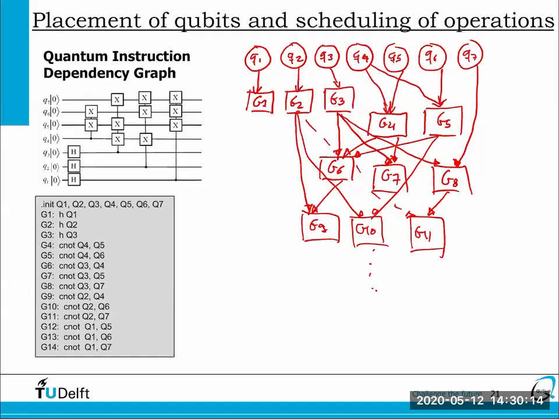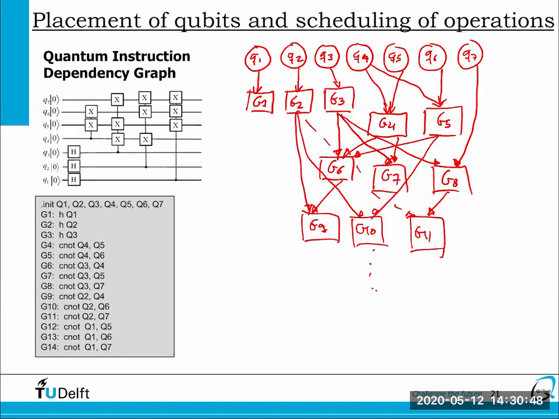For G9, did you also put an edge between G7 and G9? G7 doesn't have Q4, it has Q5. So there is no dependency between those two. Why do you want to put an edge there?